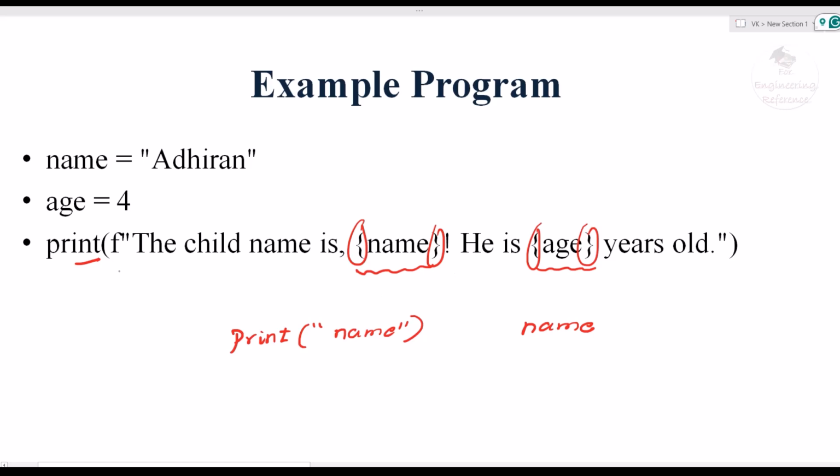So what would be the output of this statement? We need to use f before the double quotes. Whatever statement we give is going to be printed, but inside the braces, this name will become Adiran, and the age given here is 4. The output of the statement would be: the child name is Adiran, he is 4 years old.